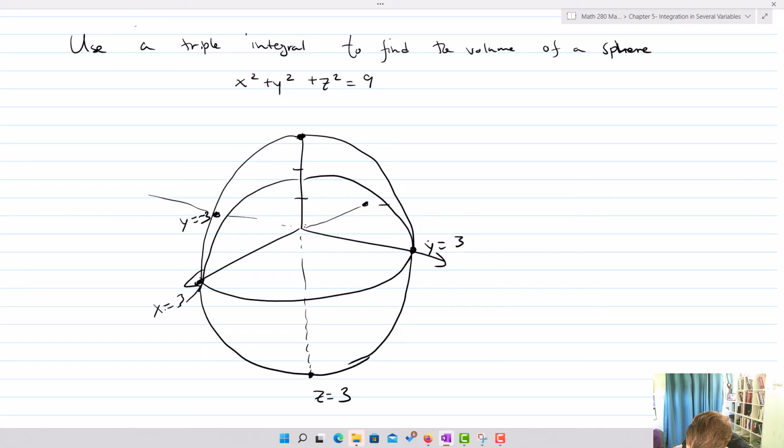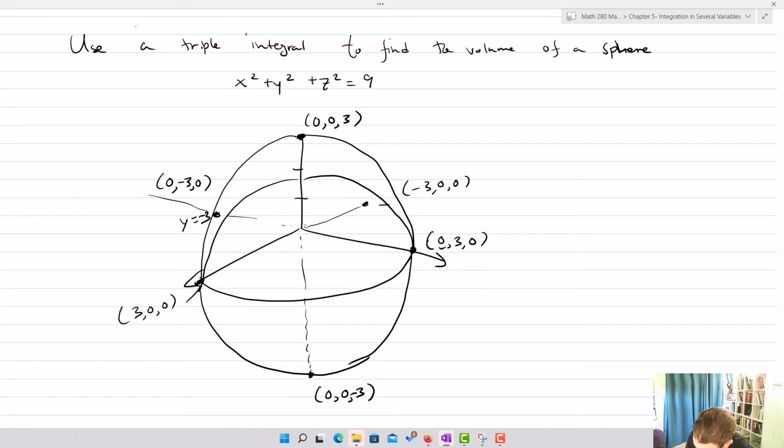Actually, if I rewrite this to be more accurate, this is the point 0, 3, 0. This is the point 0, 0, 3. This is 3, 0, 0. Out here is negative 3, 0, 0. This is 0, 0, negative 3. And this is 0, negative 3, 0. Okay, so we've got the sphere.